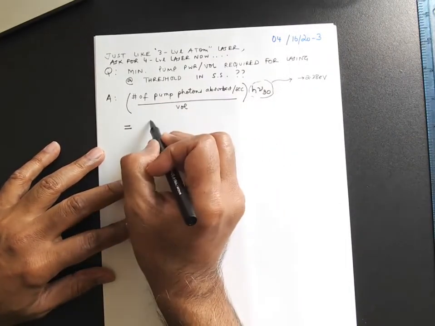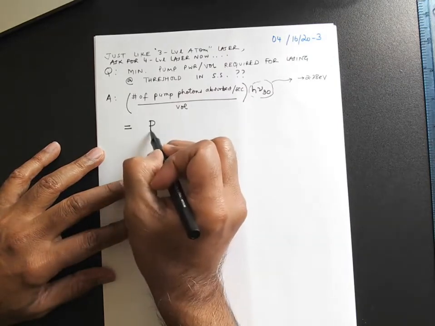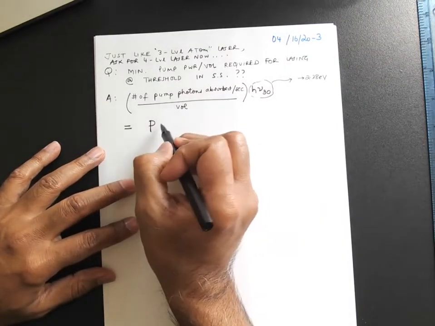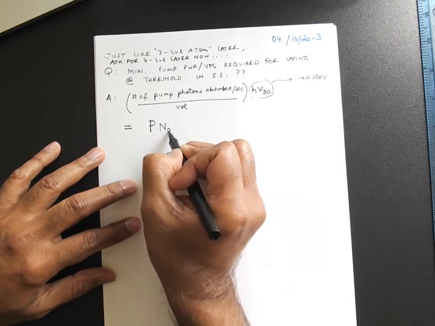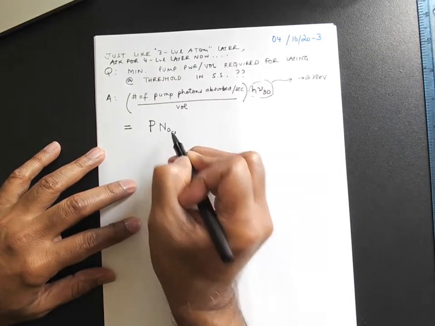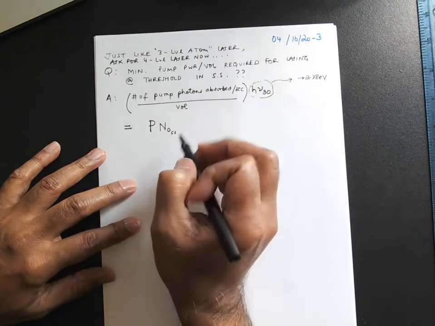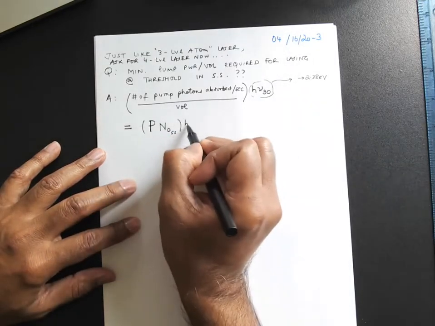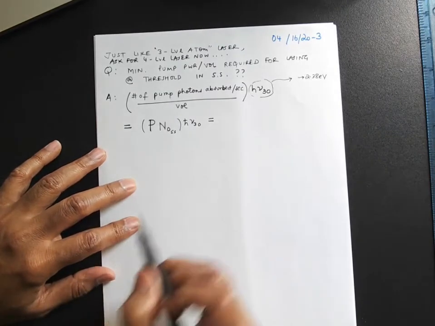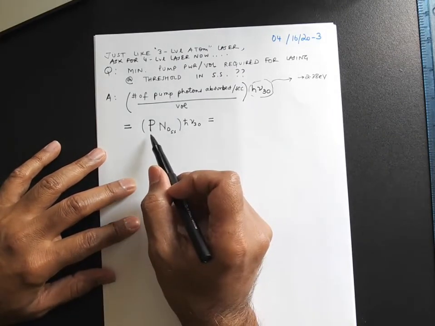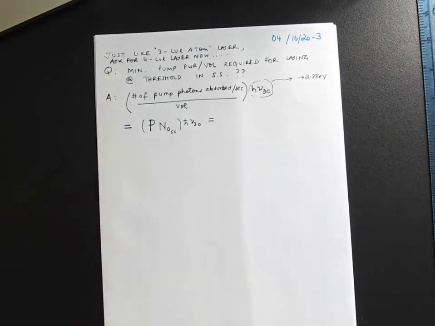Well, the rate is P, and the number absorbed per unit volume would just be how much you have in level 0 in the steady state. And so there you go. Then what is P times N naught, and I just work those things out here.